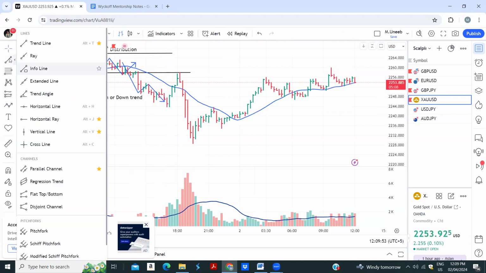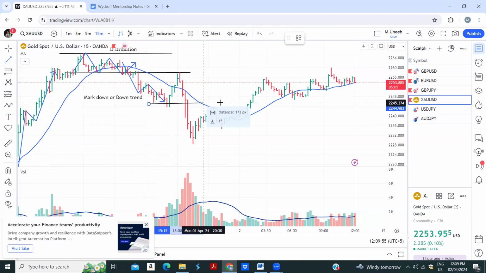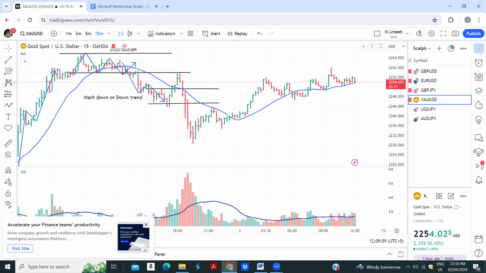And now here again, we can see that the smart money is redistributing the shares. In this phase, the supply is equal to demand, or the selling pressure is equal to buying pressure.